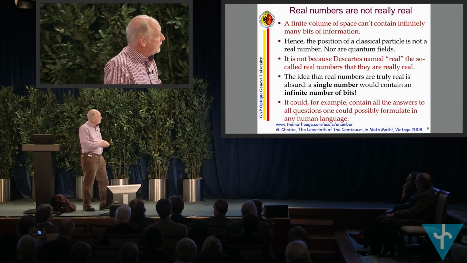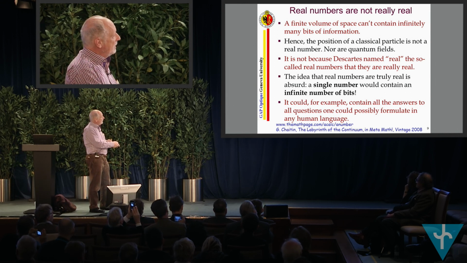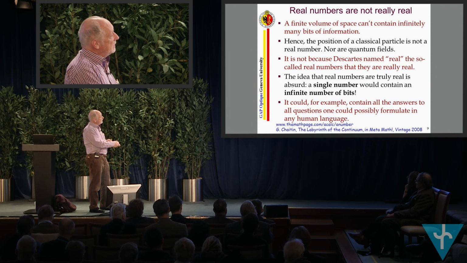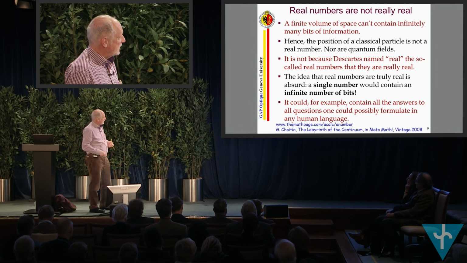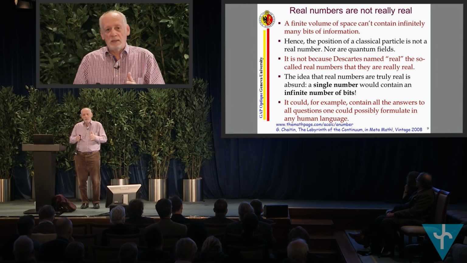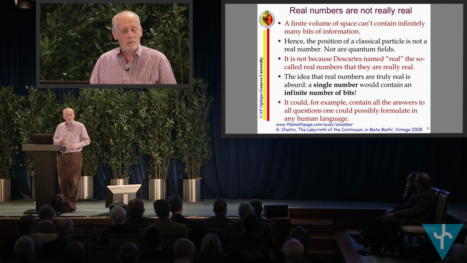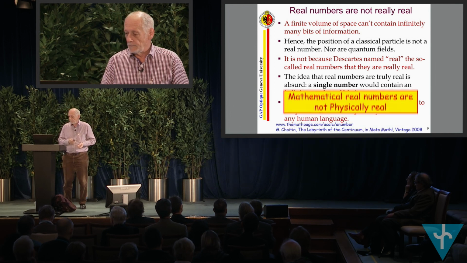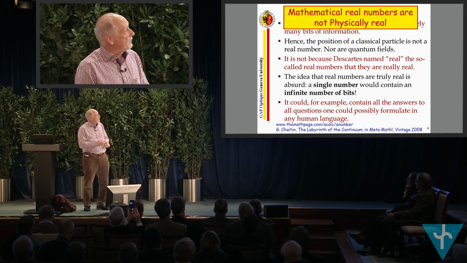In only one real number, one could code the answers to all questions one could possibly formulate in any human language, as Gregory Chaitin, among others, emphasized. So a real number is something like a monster, and there is no reason to believe that it has a real physical existence. Mathematical real numbers are not physically real.